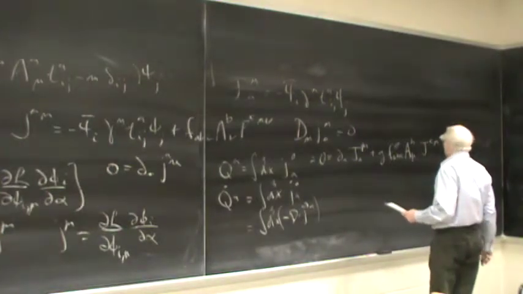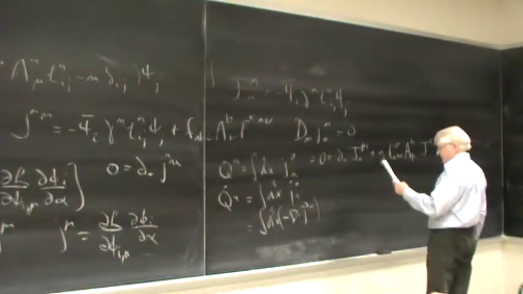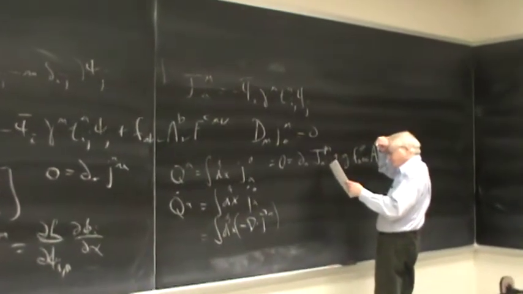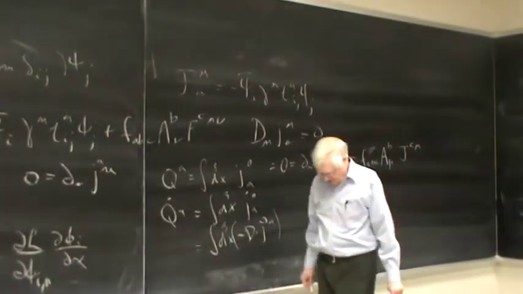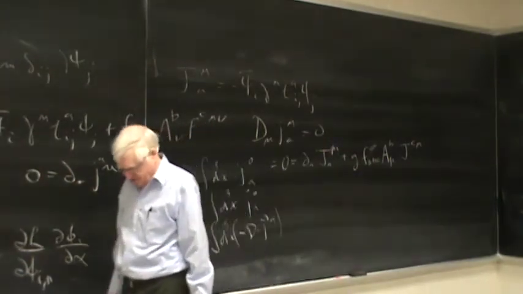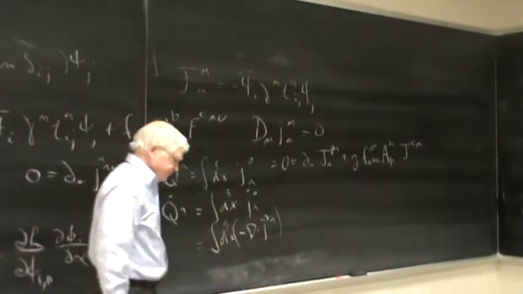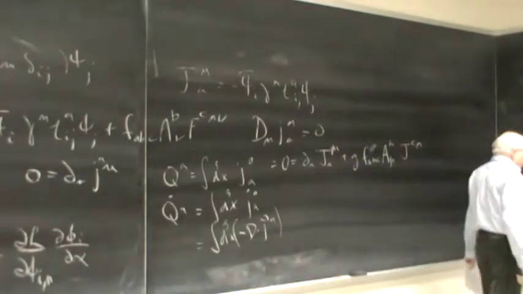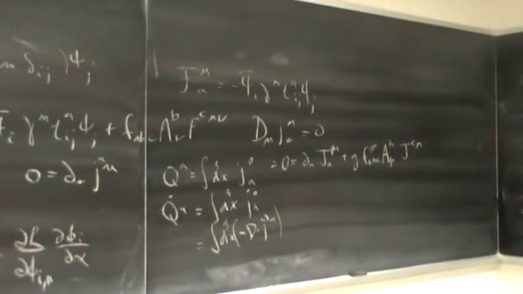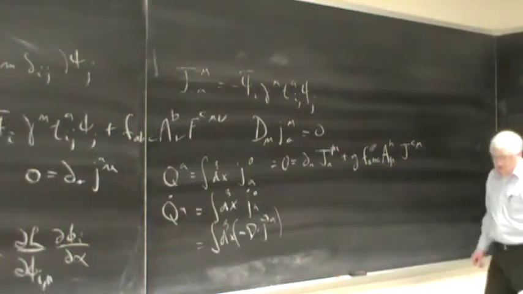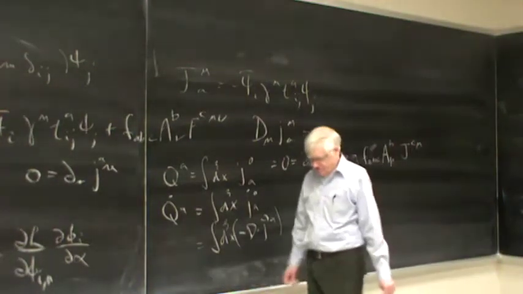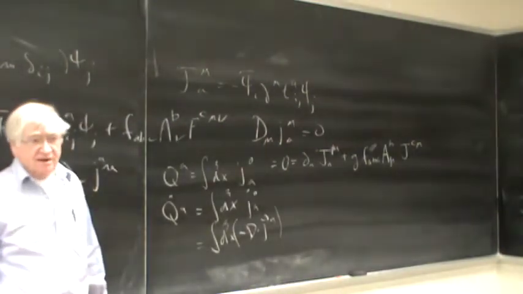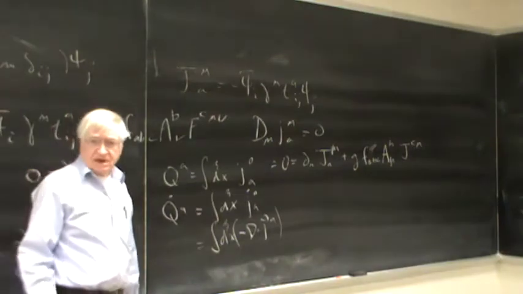And in fact, for later reference, he actually throws in scalar fields, which would occur in, you could have colored scalar fields in the supersymmetric model, and you do have scalar fields in the standard model, the Higgs doublet.